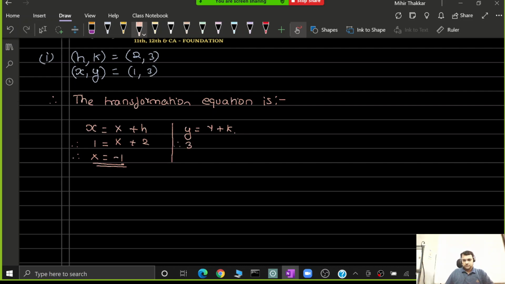Therefore 3 is equal to capital Y plus 3, and hence capital Y comes out to be equal to 0. Therefore the new point is minus 1 comma 0. Very easy.